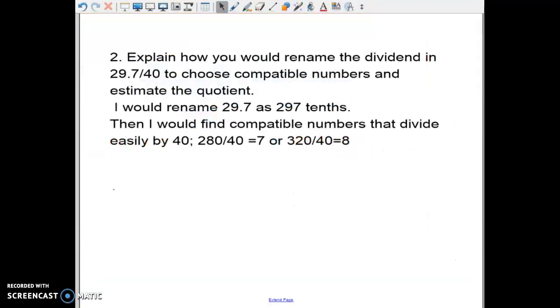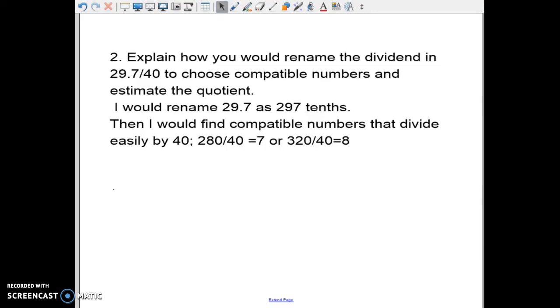Okay, so number 2 at the bottom of page 209. They want you to explain how you would rename the dividend in 29 7/10 divided by 40 to choose compatible numbers and estimate the quotient. Again, I do not have a division sign on my computer keypad, so the slash is the same as divide. Your answer would be, I would rename 29 7/10 as 297 tenths.